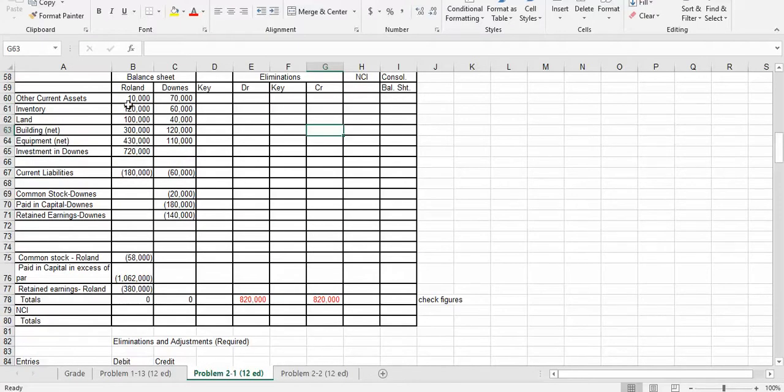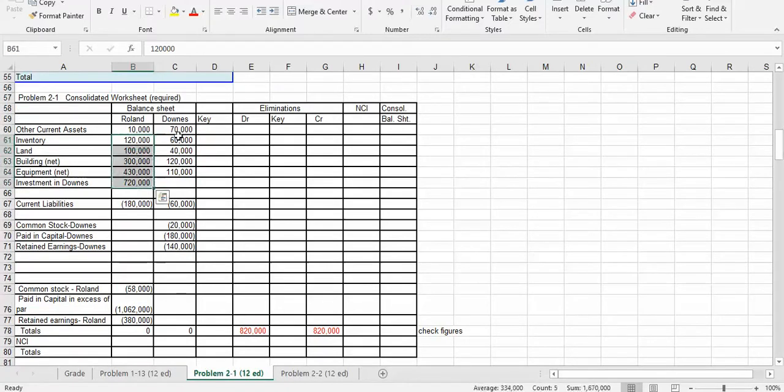So then you just take these over. Now notice I have your amounts already in from your balance sheet. And something to point out, for the parent company in the books, it shows you as $50,000 for your other current assets.